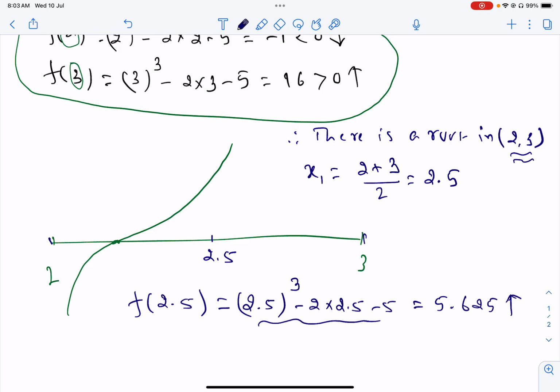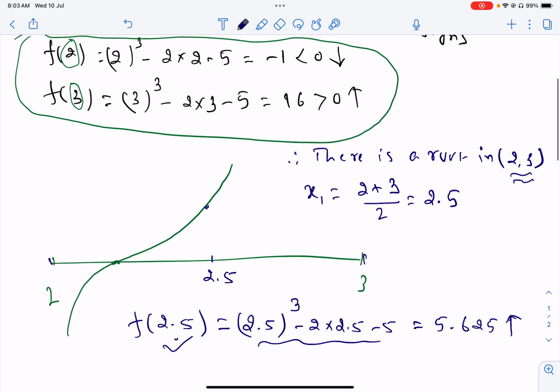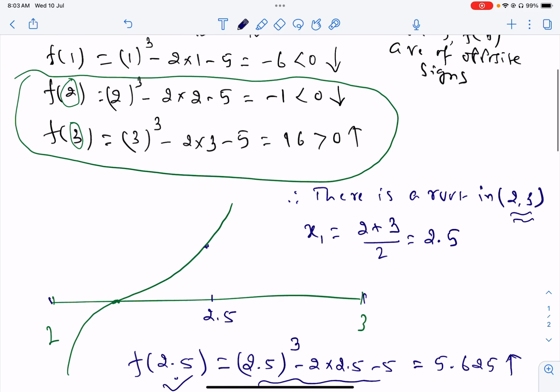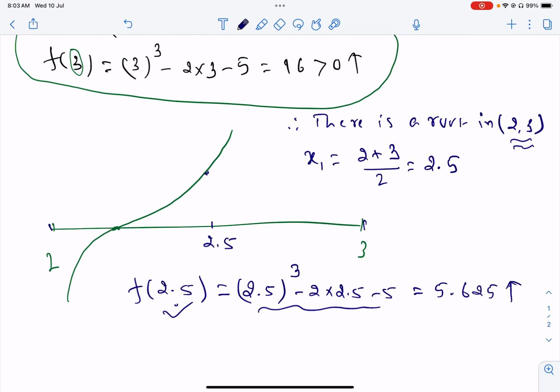So what does it mean? Now the root lies between a positive and a negative value of f. So this is the latest value, 2.5, and then we see where the negative value is, and that is at 2. So that means now the root lies between 2 and 2.5.